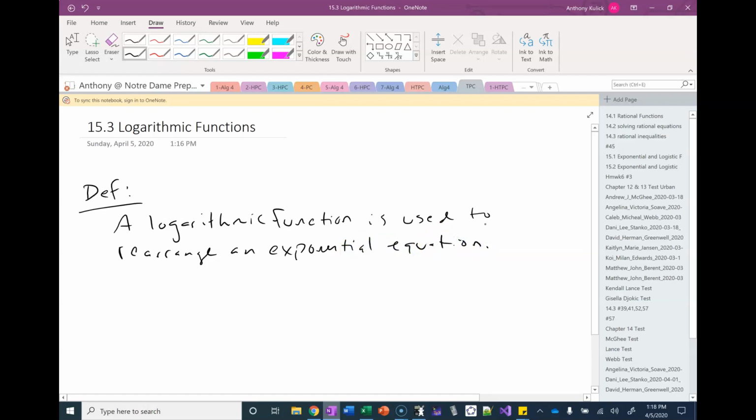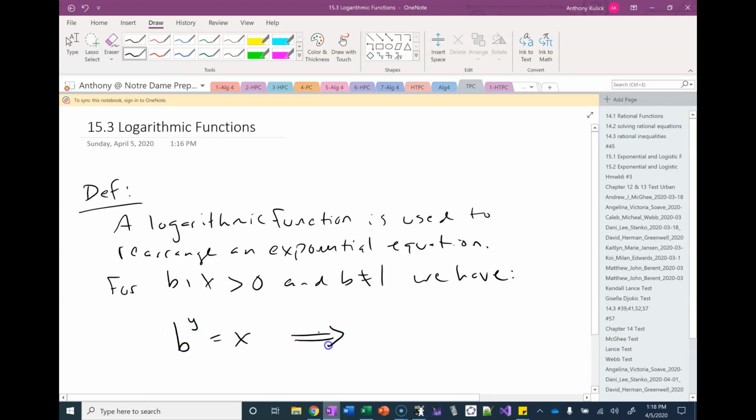More specifically, it says that for a b and an x that are greater than 0, and a b that's also not equal to 1, we have that b to the y equal to x is equivalent to log base b of x equal to y.